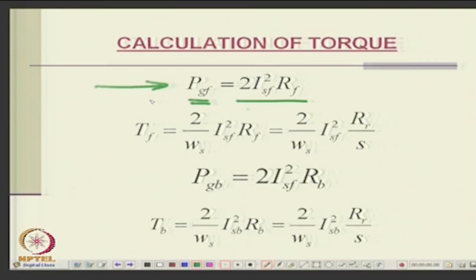So the torque will be twice, because it is all a 2 phase model, 2 by omega s ISF square RF, that is 2 by omega s IRF square into RR by S. Sorry, this is IRF square.